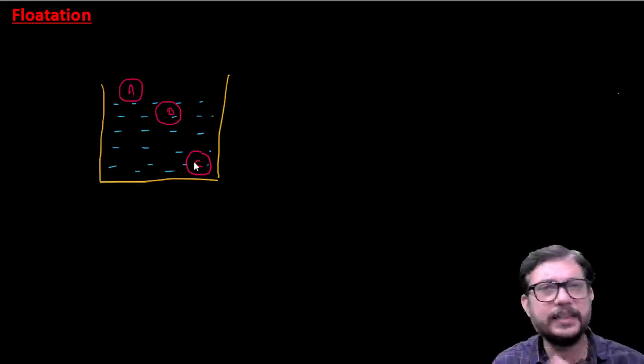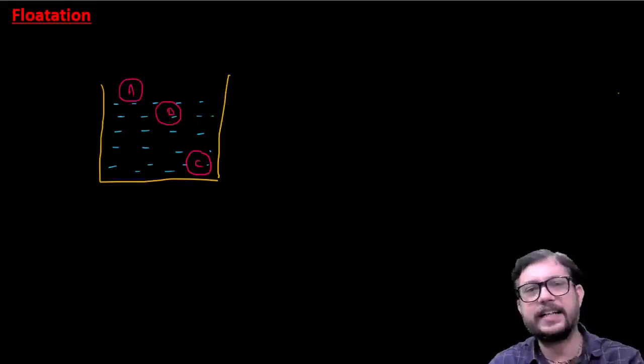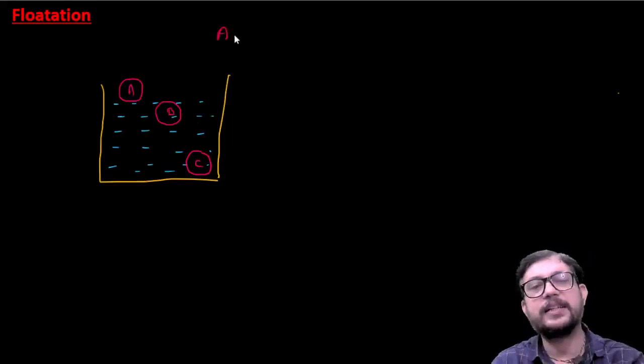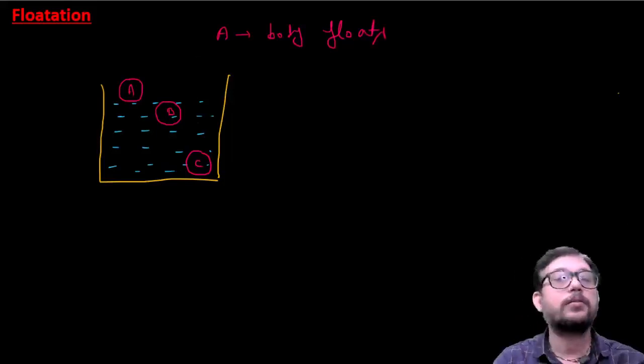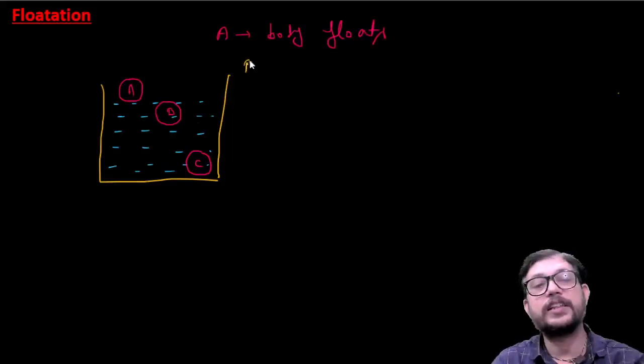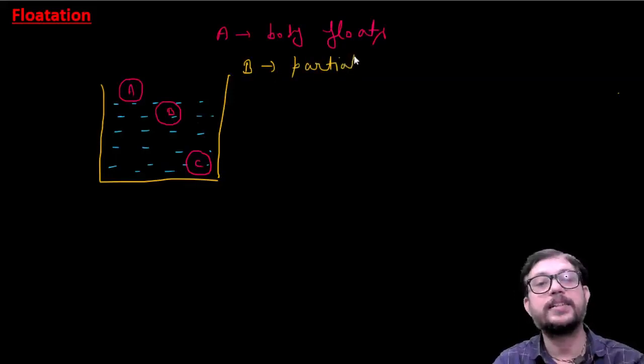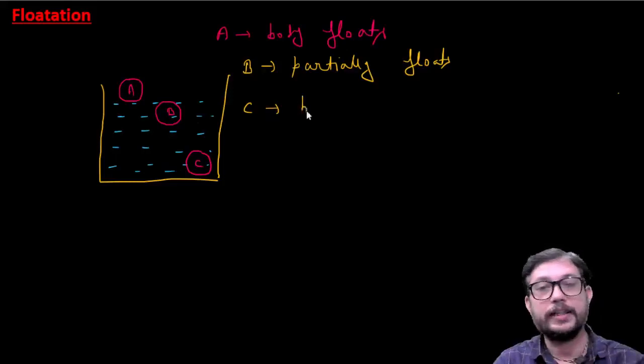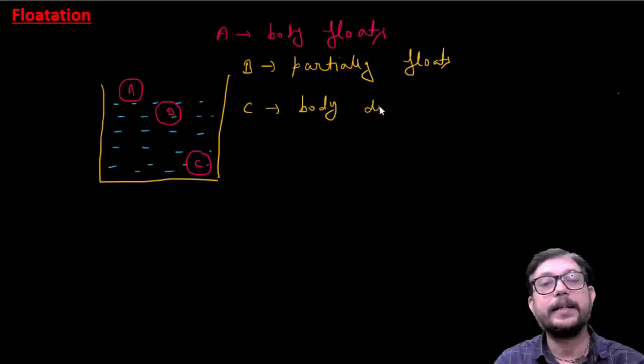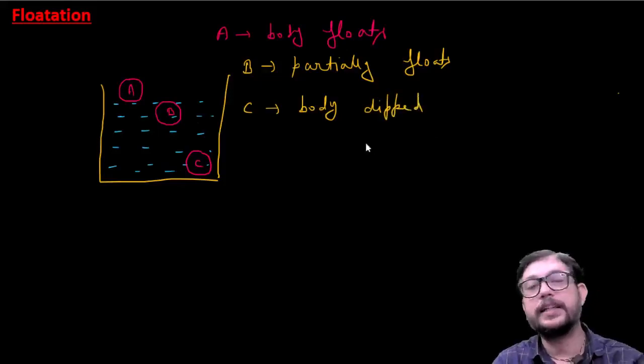So mainly we can say there are three categories. Under category A, the body floats. In condition B, it partially floats, and in condition C, the body is dipped completely in the liquid.